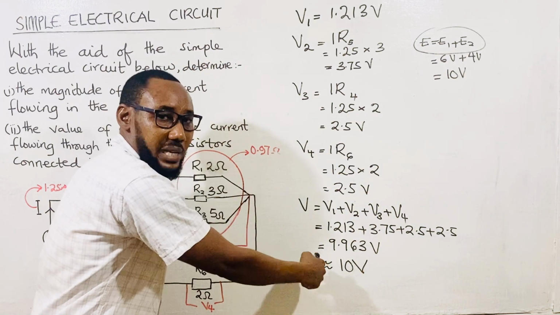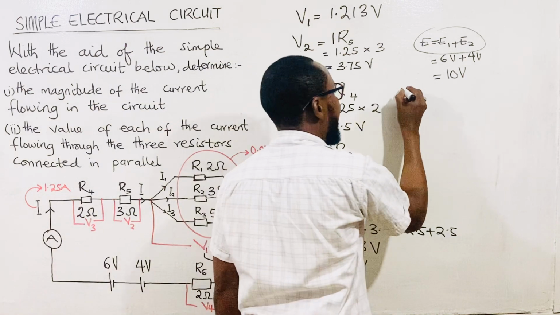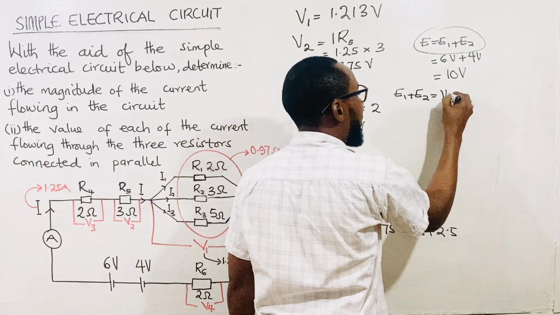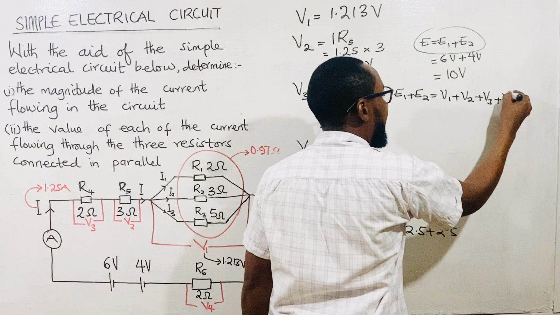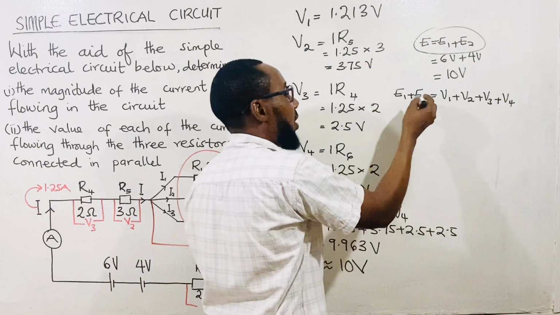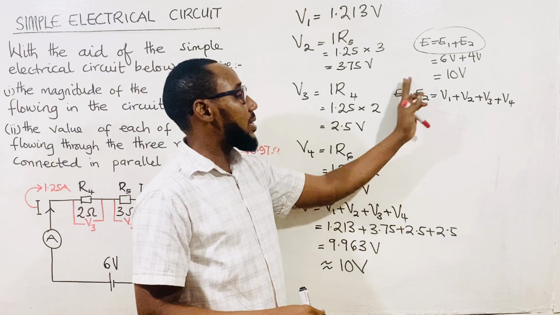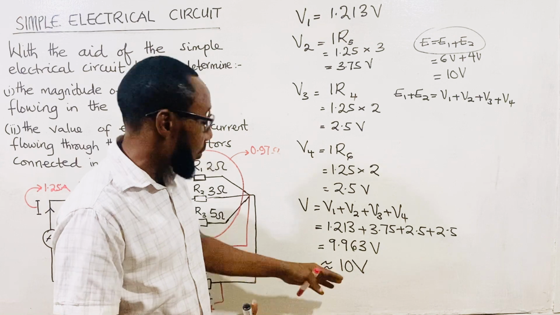The sum of all the PDs, the potential differences, is also 10 volts. So we can say that E1 plus E2 is equal to V1 plus V2 plus V3 plus V4. So in an electrical circuit, the sum of all the electromotive force is equal to the sum of all the potential differences, as we can see.